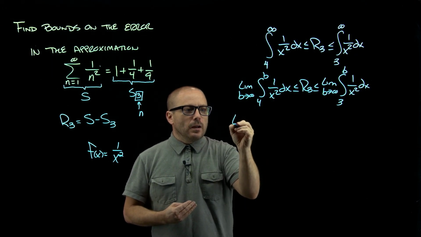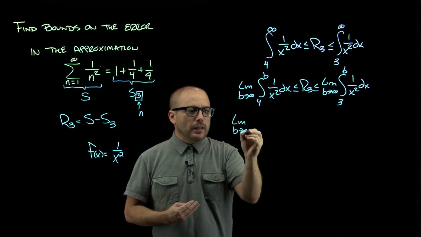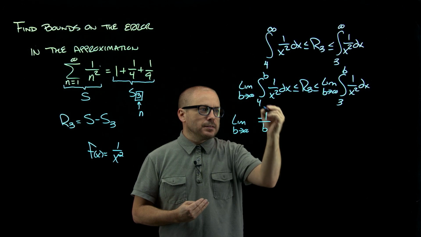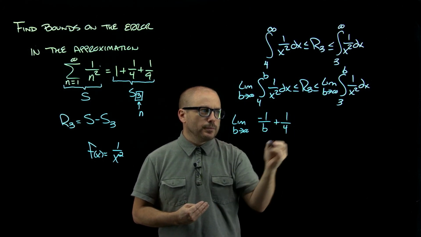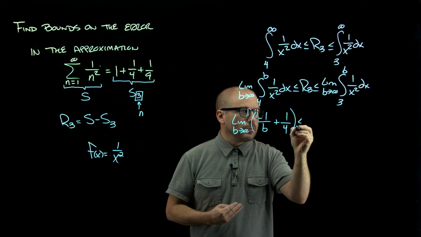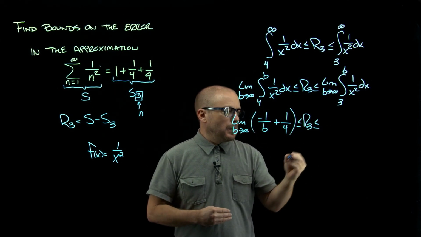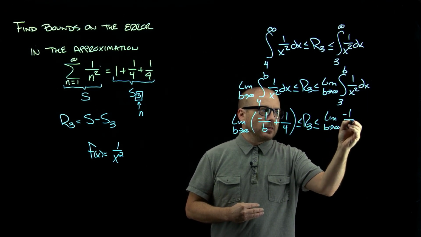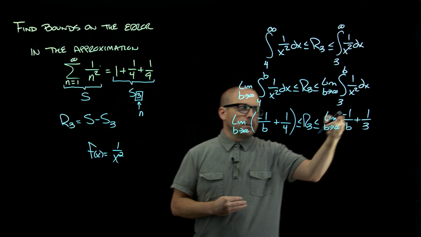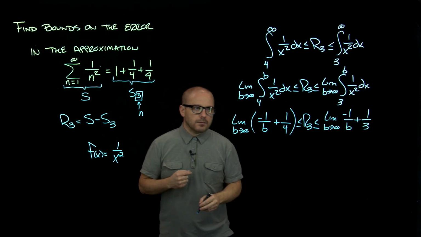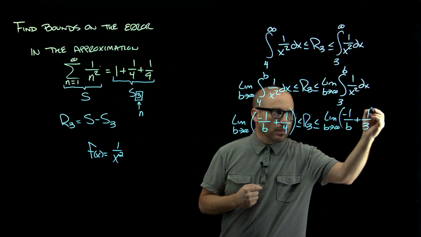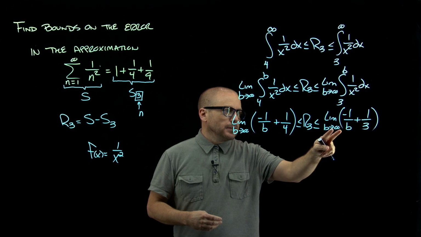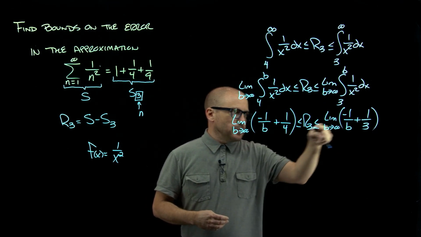I'll evaluate that at b, so negative 1 over b minus, so plus 1 over 4. Same thing over here, except we're evaluating the lower limit of 3. Then just take your limit. That's going to go to 0, and that's going to go to 0.